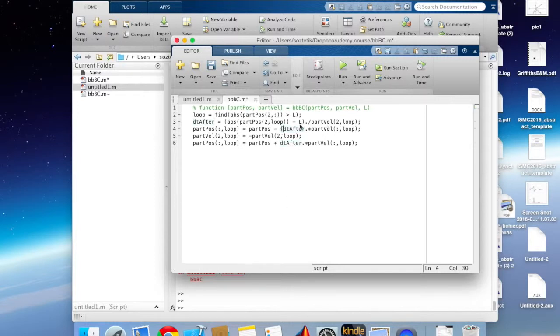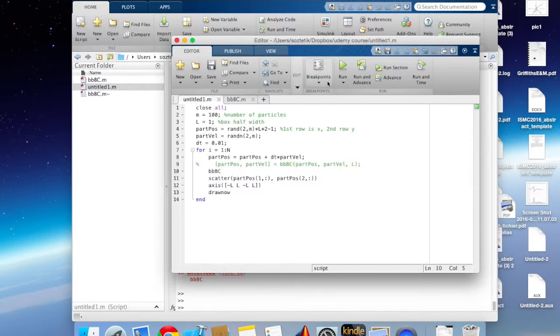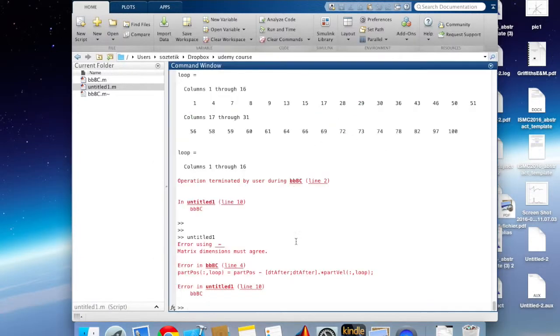This is a vector. The other one is a 2 by m matrix. Let's see how this works. Okay, dimensions must agree.